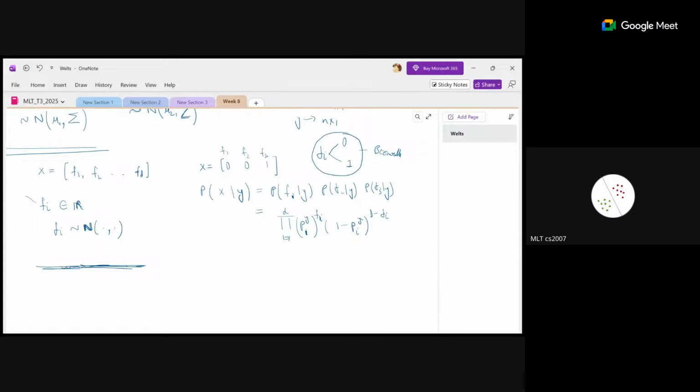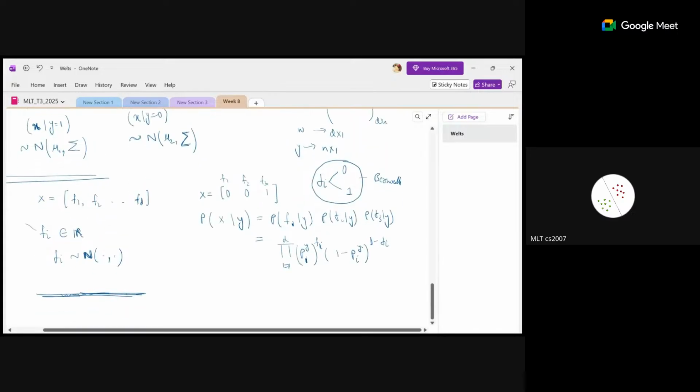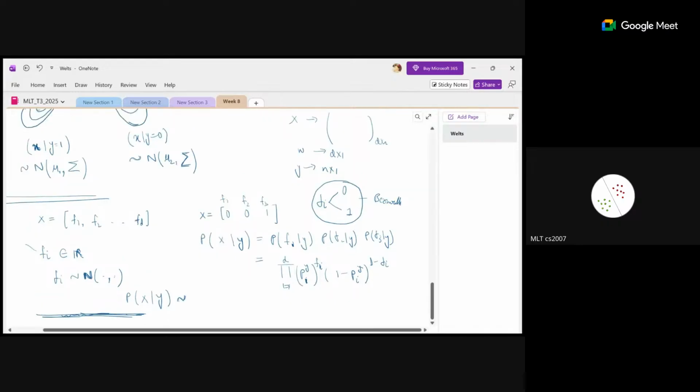So now the probability of x given y no longer follows a Bernoulli distribution. Now it follows a Gaussian distribution with some mean and some variance.